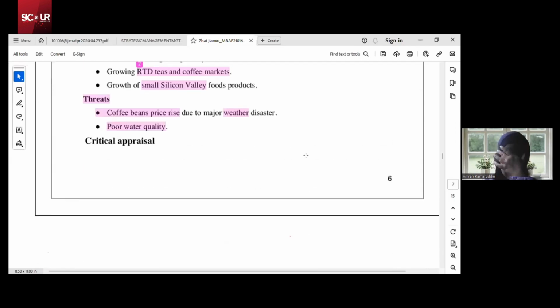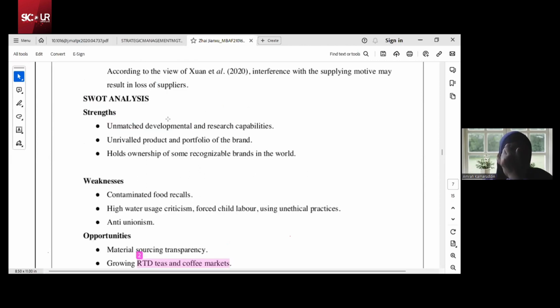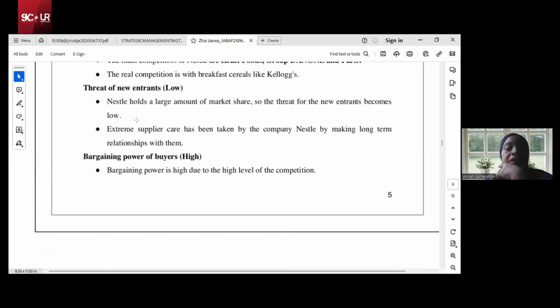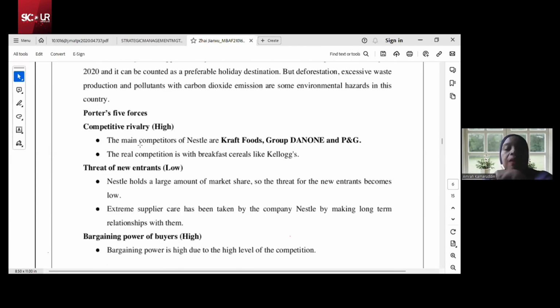But this part is actually very short. So try to elaborate on the points. It is so brief.